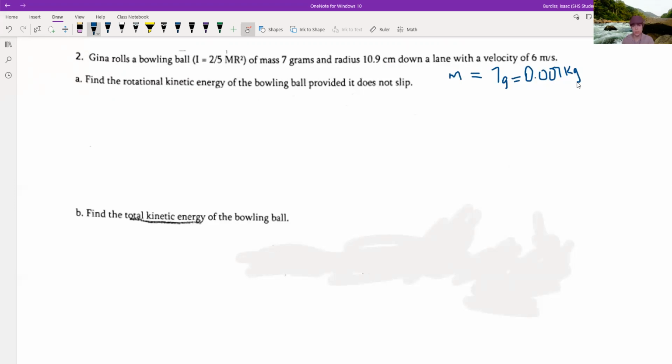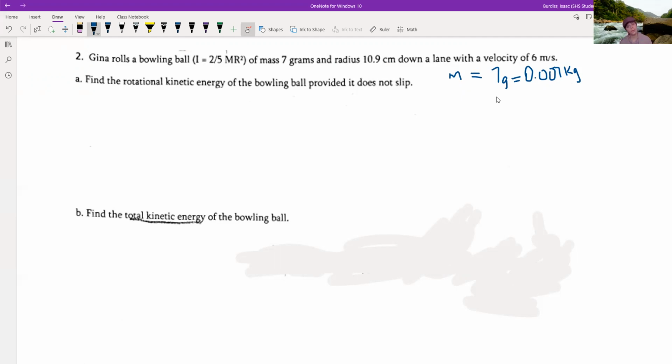How do you change units? In case you didn't know, if you look on the back of your formula sheet, it says grams is the base unit, and kilograms is 10 to the third. Wait, right? 1, 2, 3. Yeah, 10 to the third.